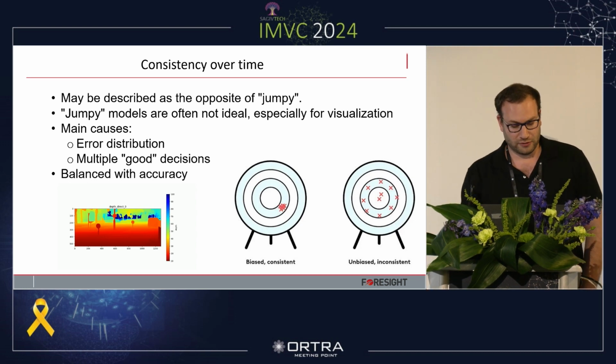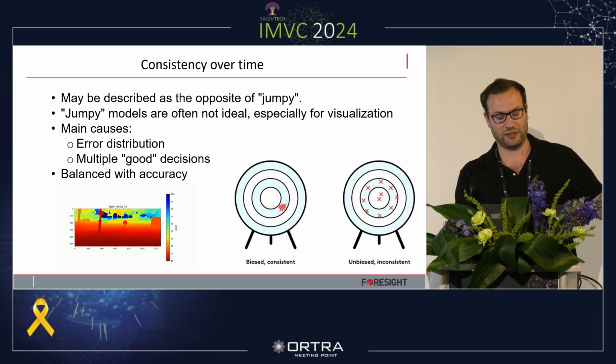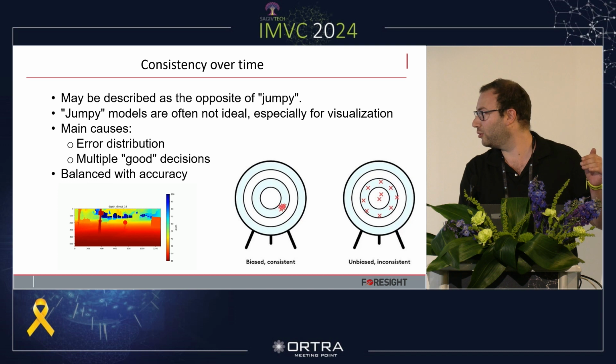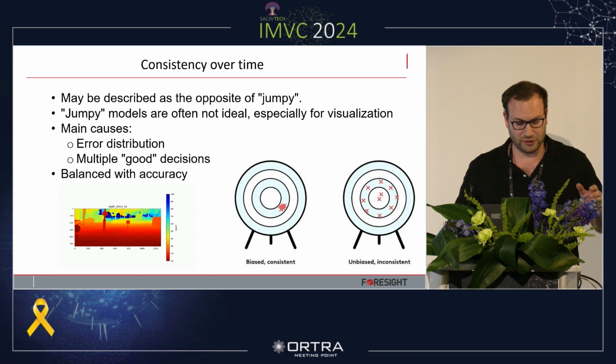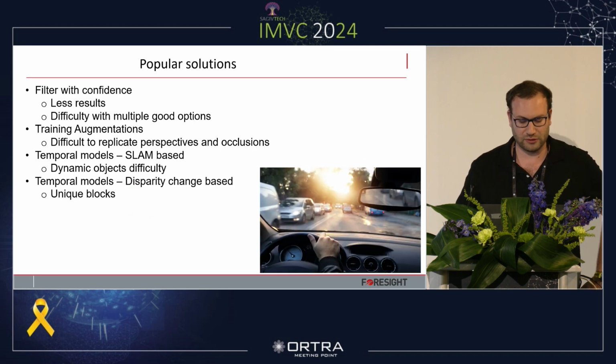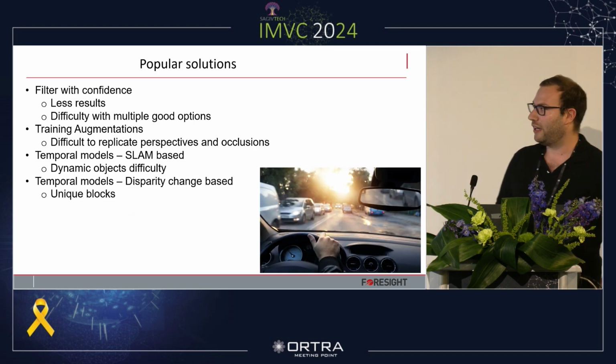So here is a short video, for example. We can see that the far areas in the image that are marked in blue seem to shake over time. This is a phenomenon that is the opposite of consistency. So the method here will attempt to improve this.